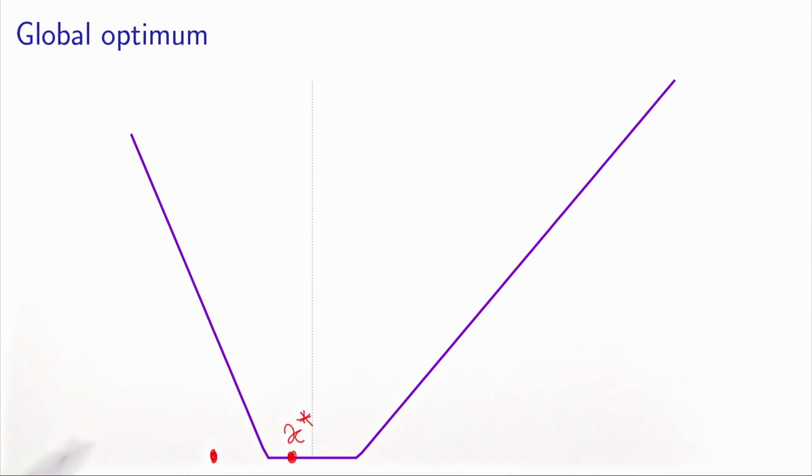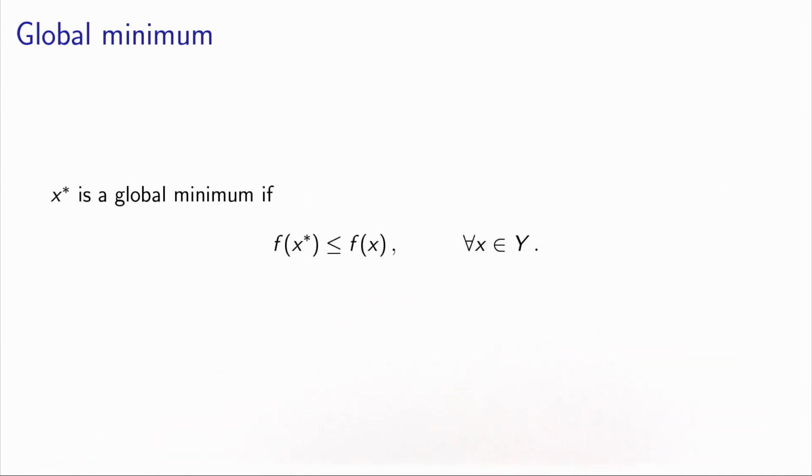So if I take an x here, the value of the function at x is higher than the value of the function at x star, and this is true for any x in the feasible set. So we will say that x star is a global minimum of our problem if the value of the objective function at x star is less or equal to the value of the objective function for any x which is feasible.